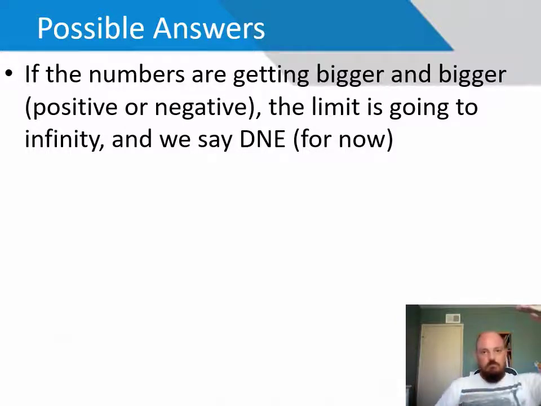It could be going from negative 1,000 to negative 2,000 to negative 10,000. Then that limit is actually going to either positive or negative infinity, which we'll talk about later in the chapter. But for now, we're going to say DNE, does not exist, for that one too. And we will talk more about those at the end of the chapter. But for now, a limit going to infinity, we'll just say does not exist.